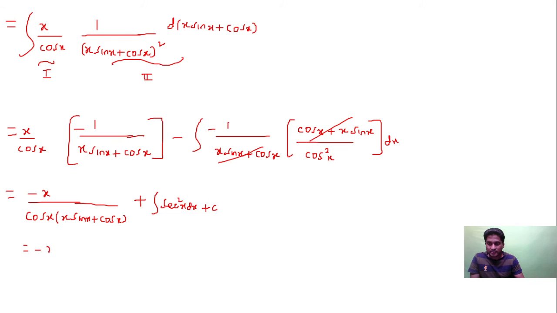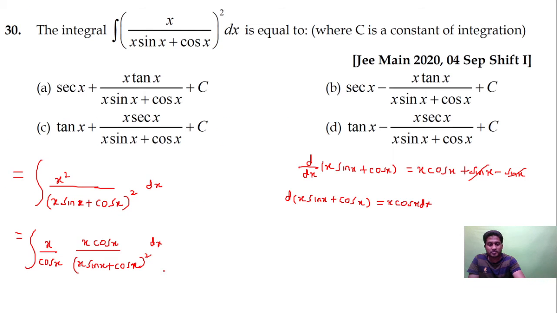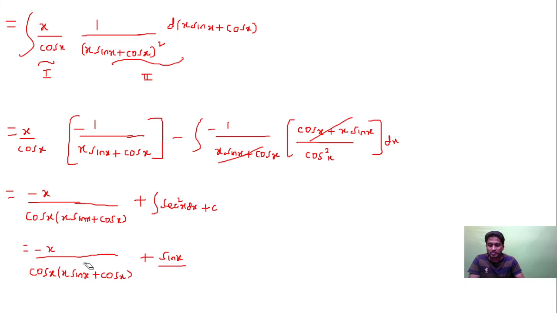So this will be equal to minus x upon cos x into x sin x plus cos x, and integration of sec square x is tan x. I skip one step: integration of sec square is tan, tan is equal to sin by cos. So integration of sec square x will be equal to tan x only. So I'll keep this tan only, plus c. That's the answer, guys.